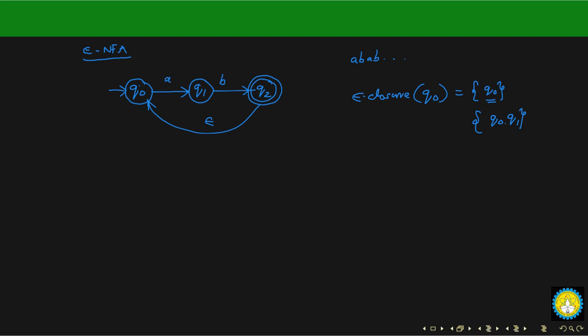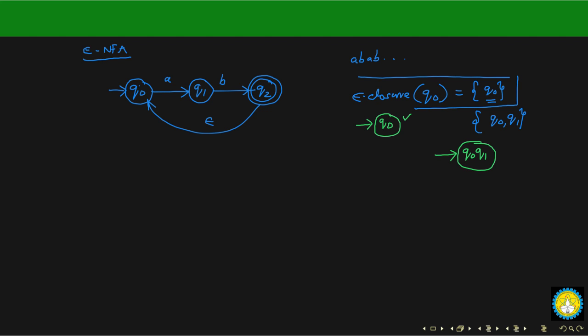Okay. So what we will do is that we will make the starting state of the DFA as Q0 Q1, right? So Q0 Q1 is represented as a single state. Okay, so in this example we don't have such a case because our epsilon closure of Q0 is just Q0. So our starting state is also going to be just Q0.